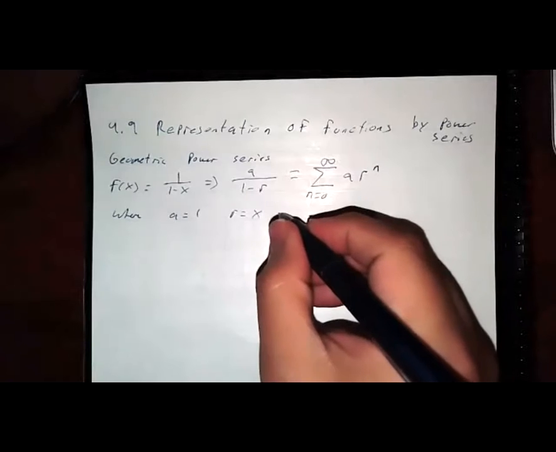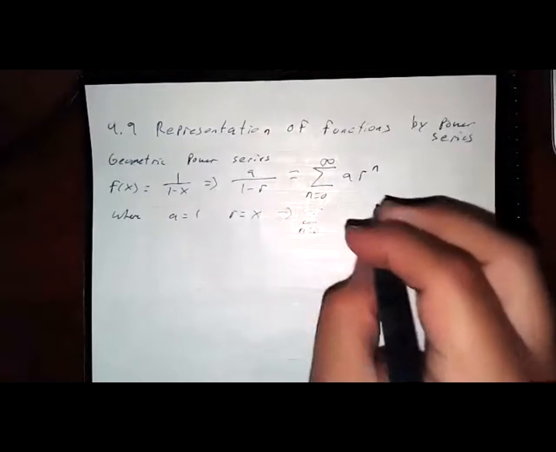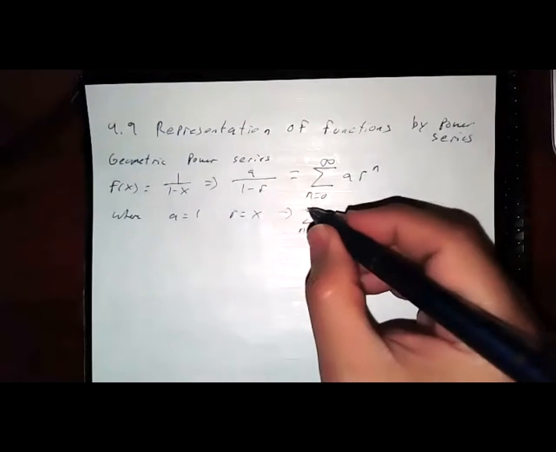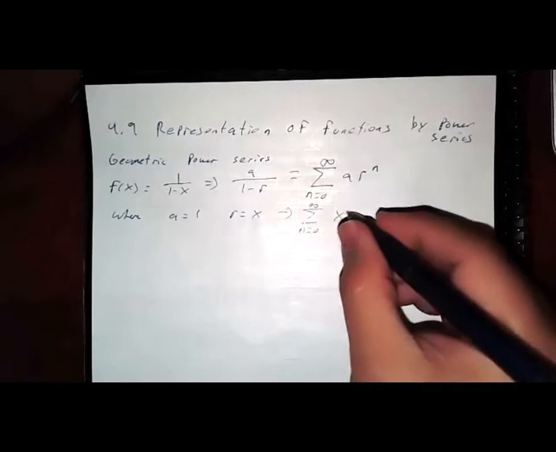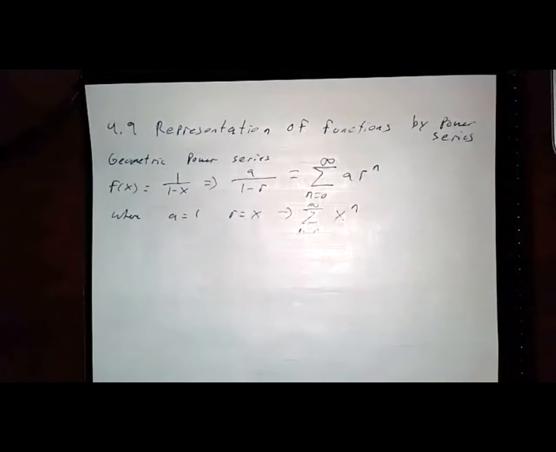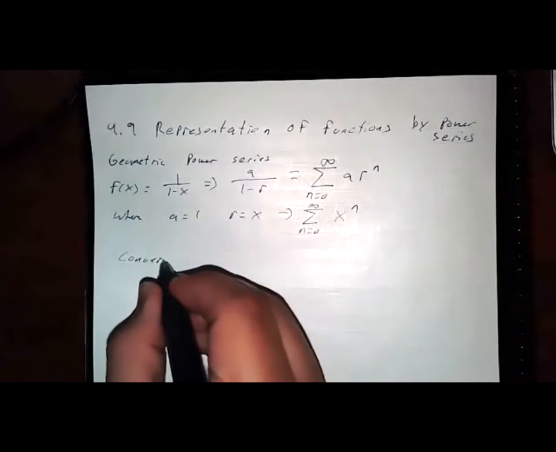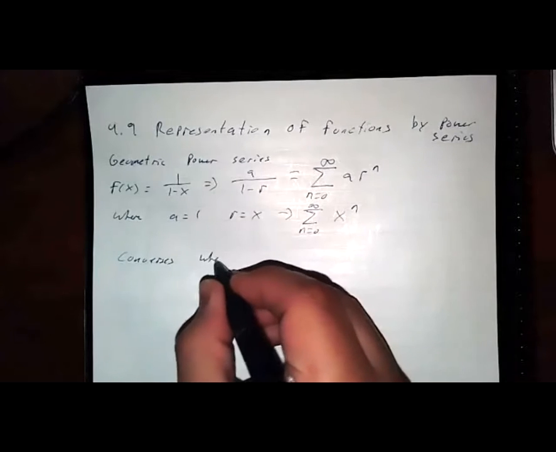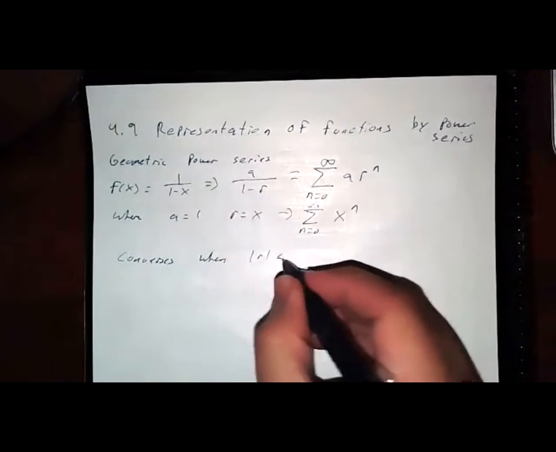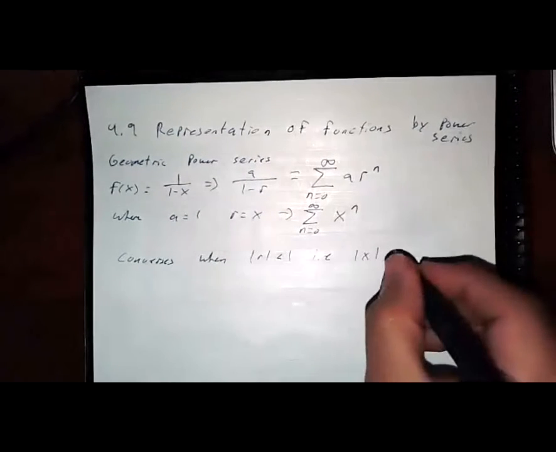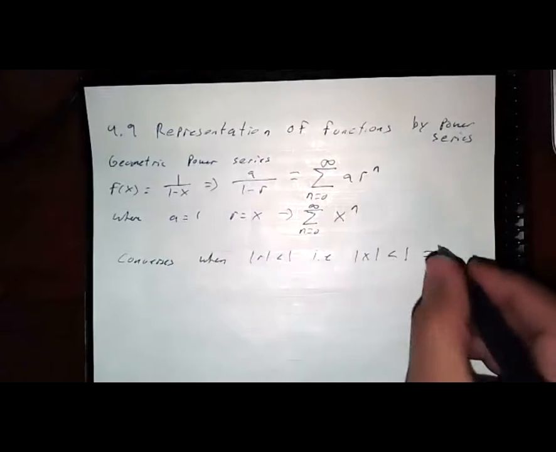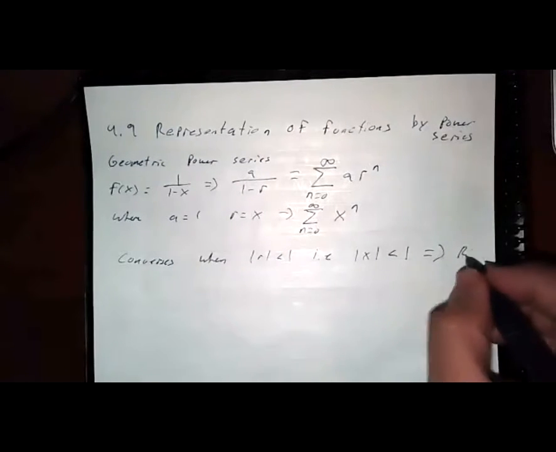So that would give us a series of x to the n. And see how it's the same. And of course, this would converge when the absolute value of r is less than 1. That is to say that absolute value of x is less than 1, which implies that r is equal to 1.